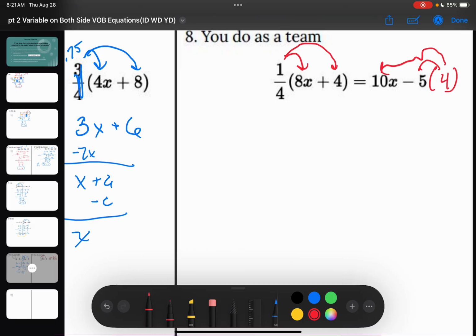Now, if I was asked to do a 1/4 of 5 or a 1/4 of 7, different story. But 1/4 of 8 is 2, and 1/4 of 4 is 1. So distributing the fraction through the parentheses works there. Now again, it doesn't always work great. Like I said, if I was taking 1/4 times 5, I wouldn't want to do that.